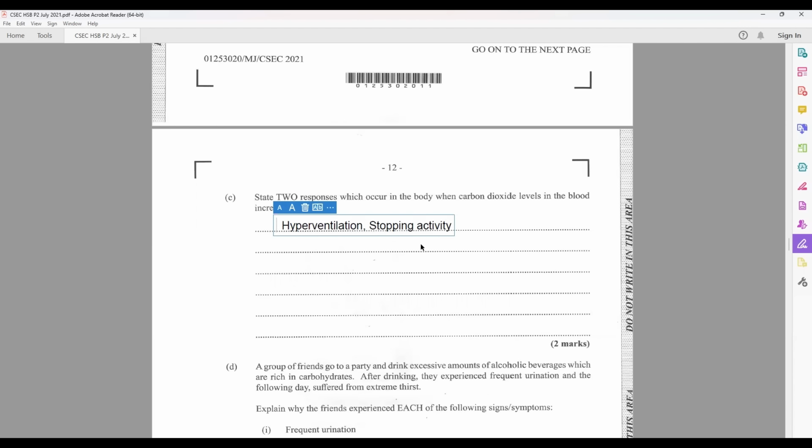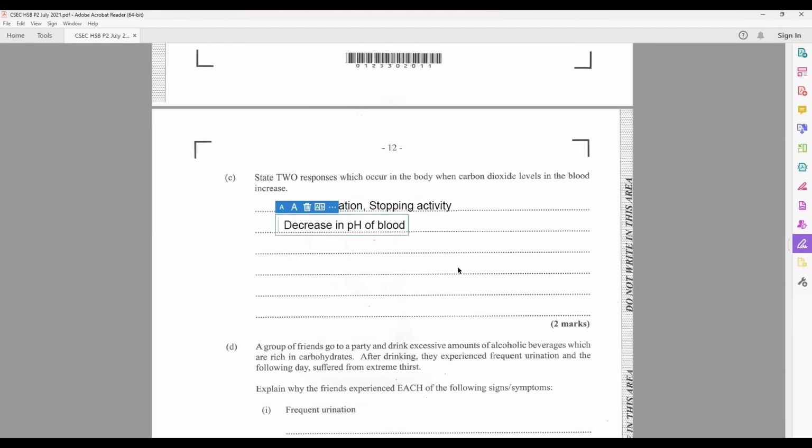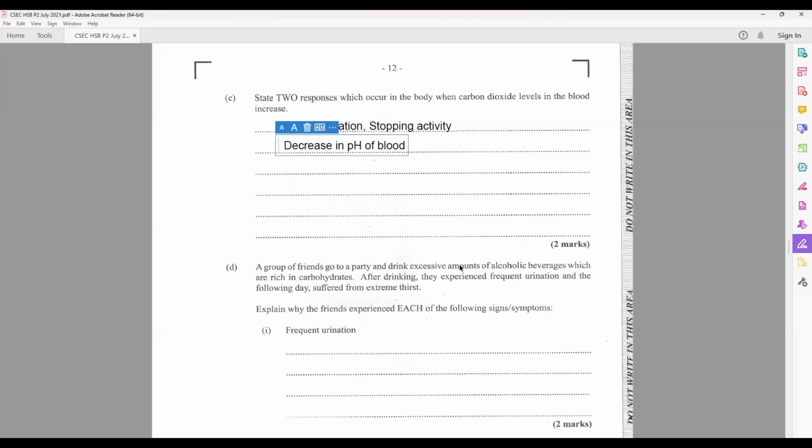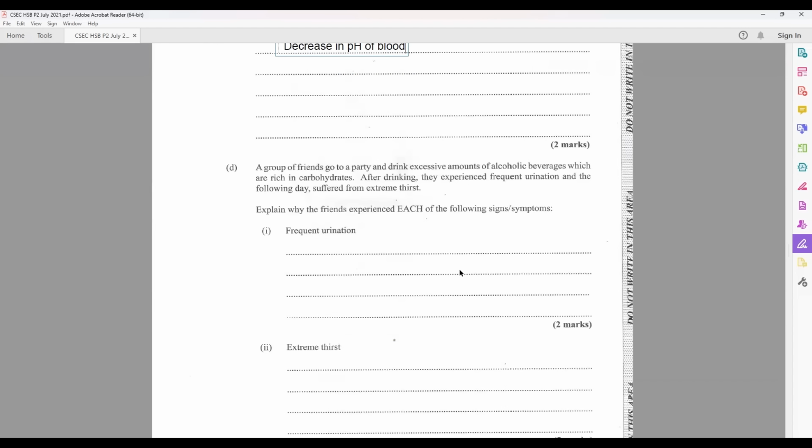Whatever activity you were doing, you would need to stop that activity. And carbon dioxide is an acidic gas, and acidity means lowering the pH, so the pH of the blood decreases. Those are just two of the responses. There are more responses. You could always let us know in the comments which responses you chose to use.